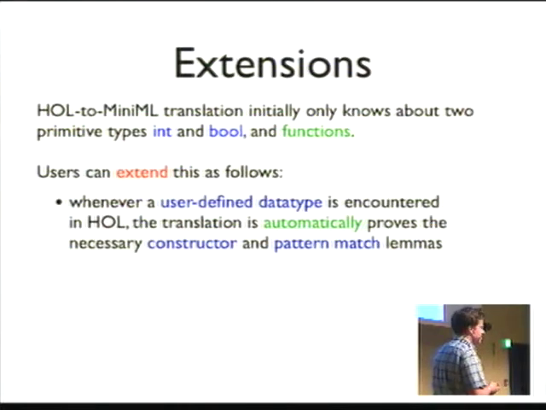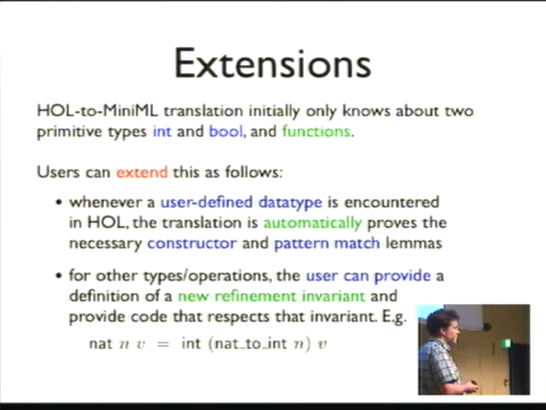That's one way it can extend its original setup. Another way is that the user can provide new refinement invariants. So the user can, for instance, use int to define his own nat, just define the refinement invariant and then prove that add and subtract and so forth match.